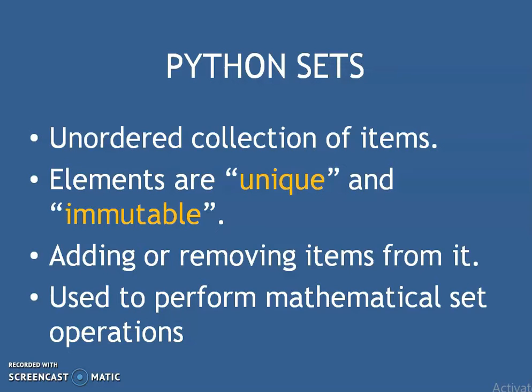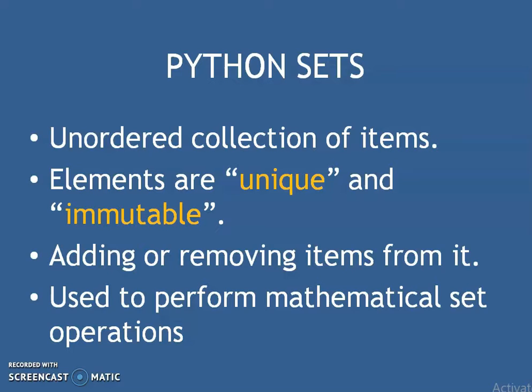Mutable means the elements can be changed, whereas immutable means we cannot change the elements.